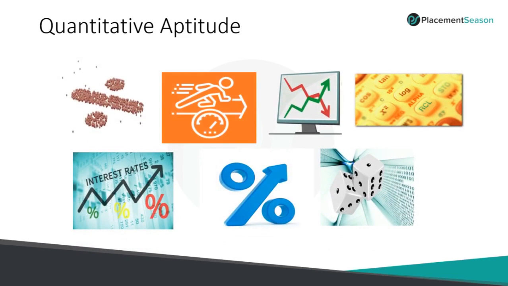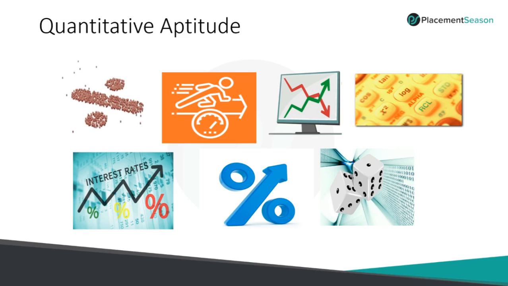So under quantitative aptitude, you can have questions based on divisibility, LCM, HCF, decimal fractions, profit and loss, simple and compound interest, time and distance, logarithms, permutation and combinations, probability, etc. You can get other topics, but these topics are the most commonly asked. So concentrate on all these sections so that you crack quantitative aptitude.